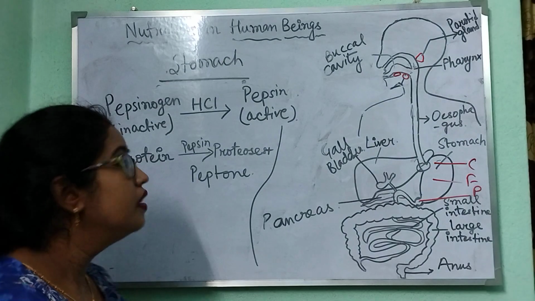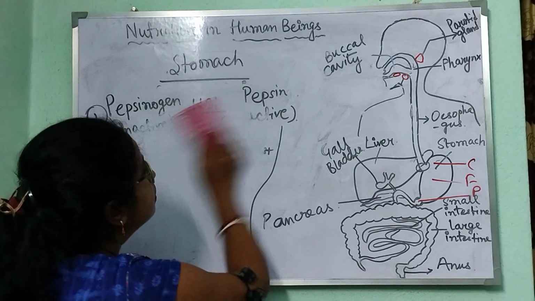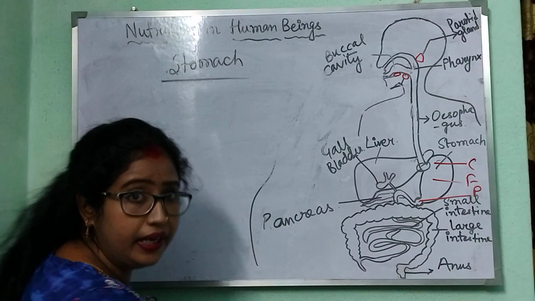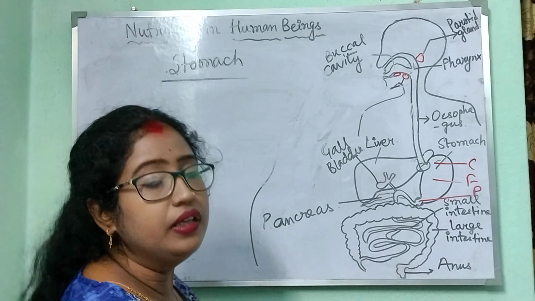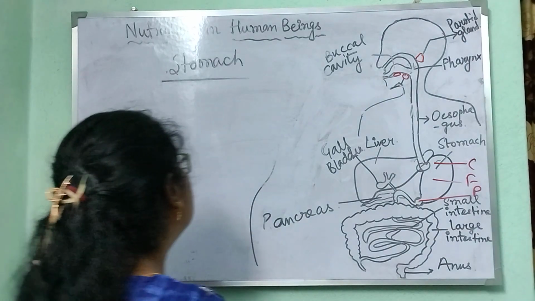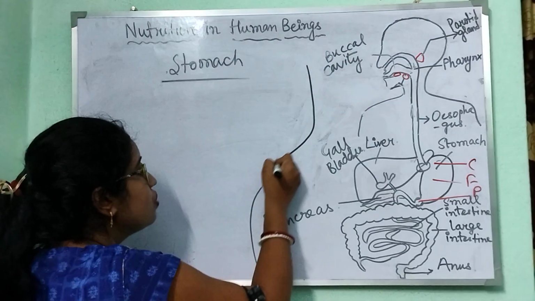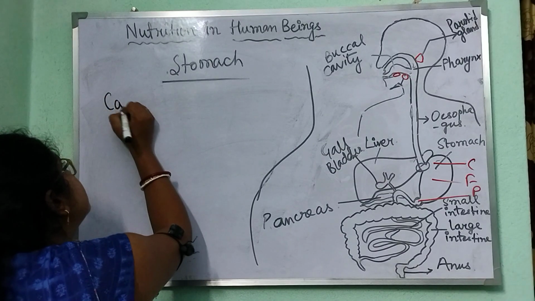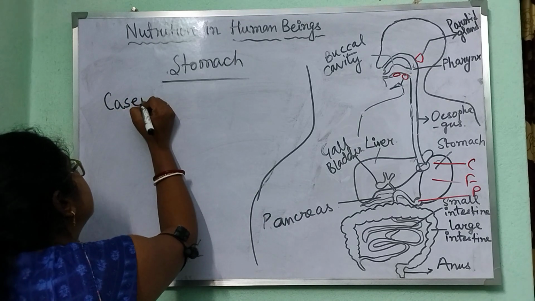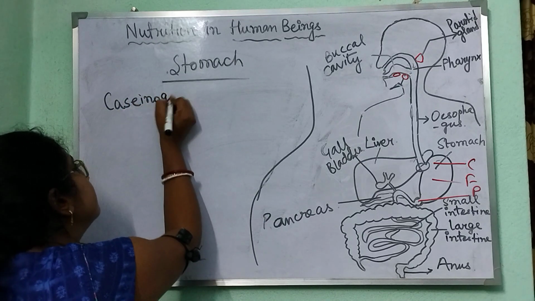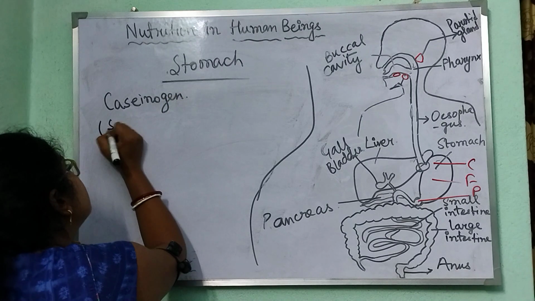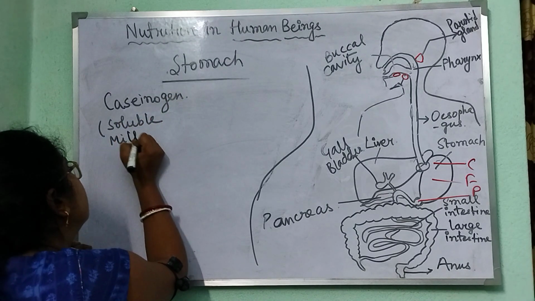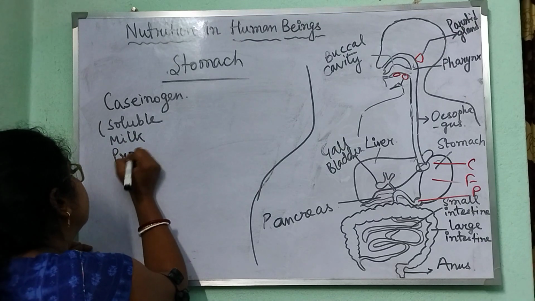After that, I told you about another enzyme, which is renin, or milk protein digesting enzyme. In milk there is a soluble protein, that is caseinogen. Caseinogen is the soluble milk protein.